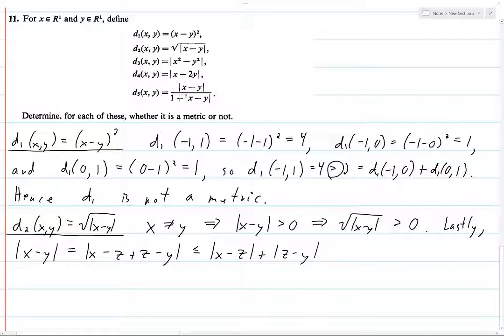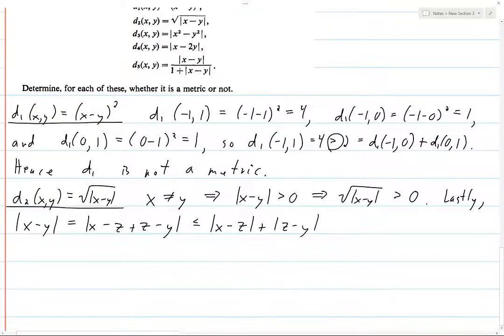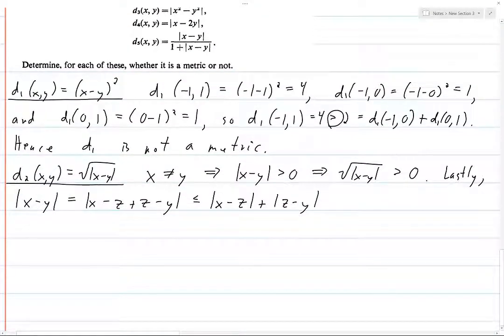Okay, so now we've got the norm of x minus y being less than or equal to this thing. But now what I'm going to do is something sort of tricky. This thing is obviously going to be less than or equal to this, but I'm going to add an additional term here that I'm sort of just going to pull out of thin air: 2 times the square root of the norm of x minus z times the norm of z minus y.